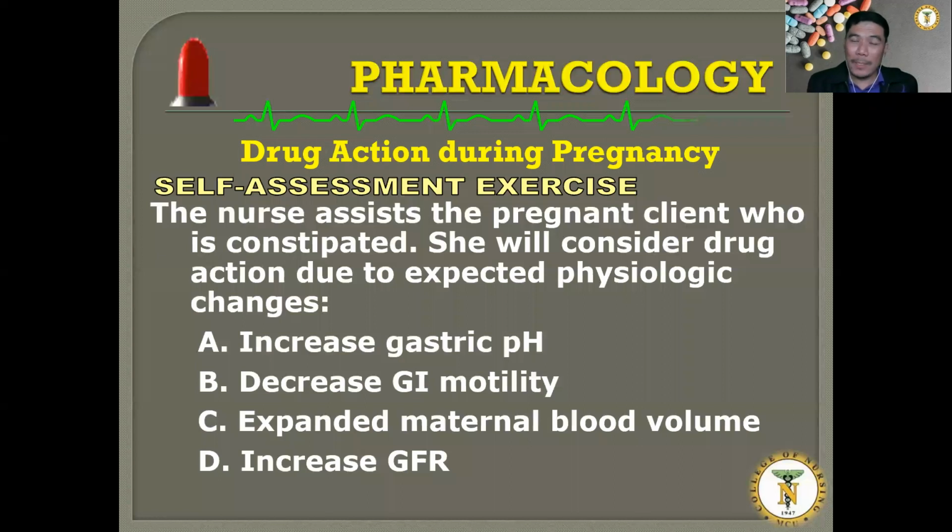This is the one that I emphasized last time, di ba? A high fiber diet, increased fluid intake, and engaging in physical activities. So let us see if your answer is correct. Your answer is correct: decreased gastrointestinal motility.